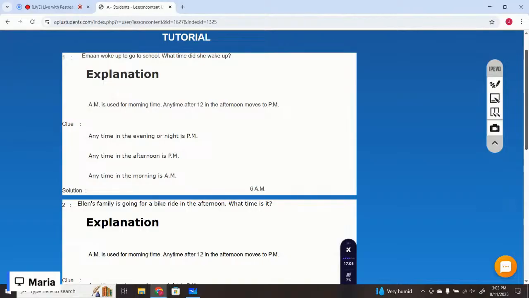So anytime in the morning is AM and anytime after the afternoon is PM. Even the evening or night time is PM. So she woke up to go to school. That means it's 6 a.m., right? Because everyone goes to school in the morning. So it would be 6 a.m.